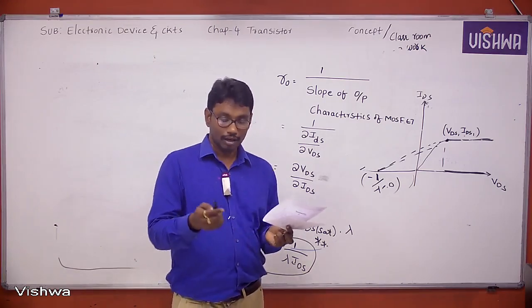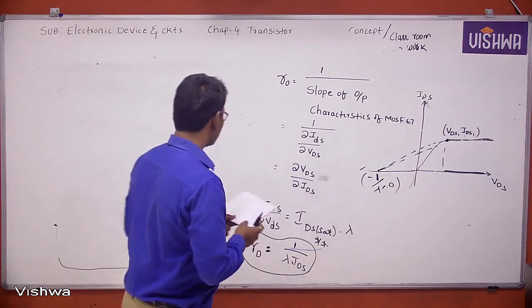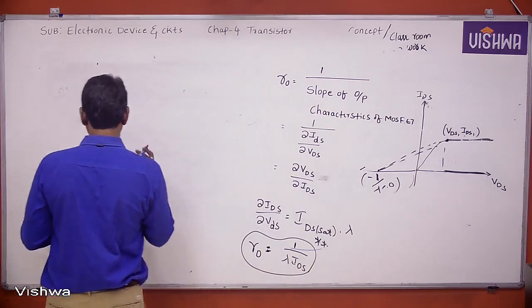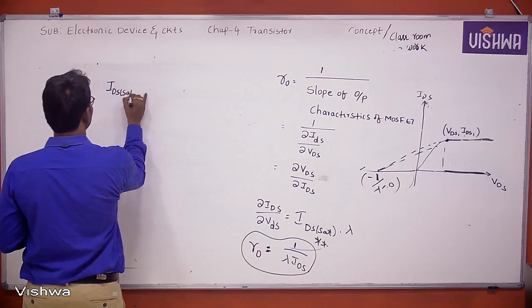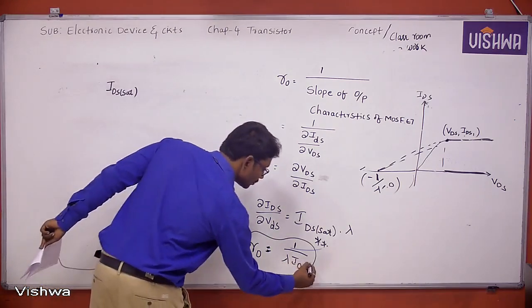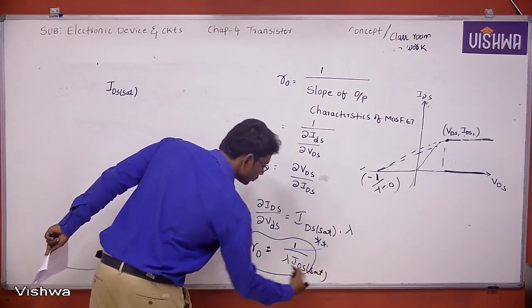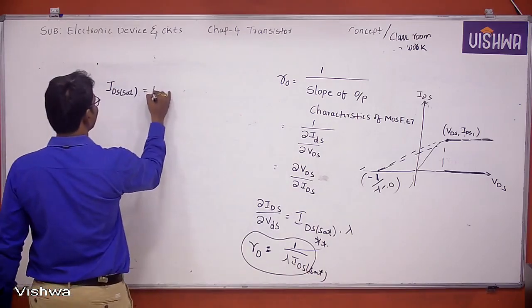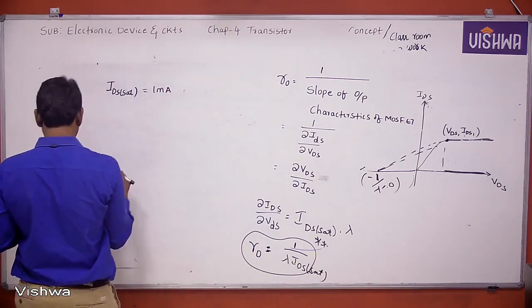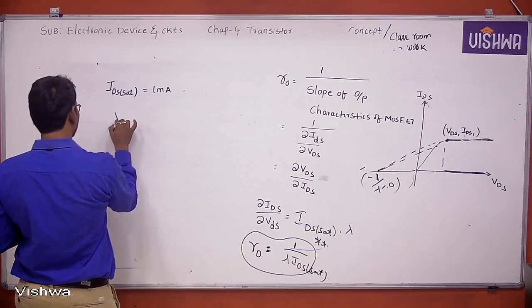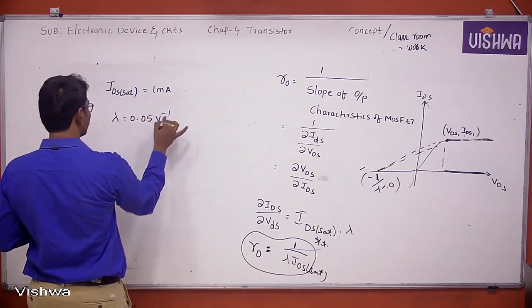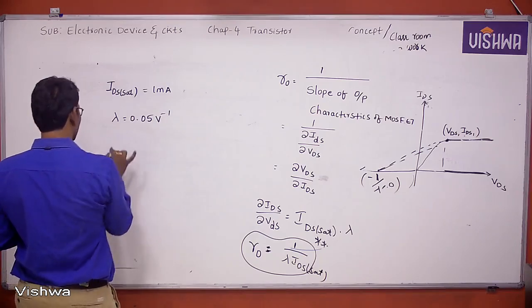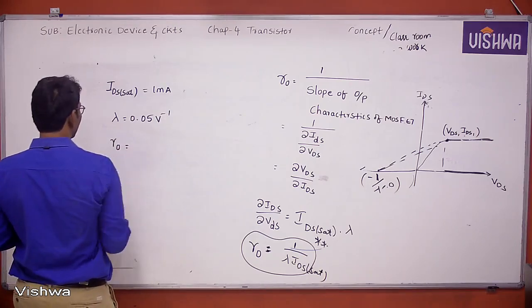All of you read the question once. What is the given data? They gave a drain current in saturation, that is IDS of SAT, which is 1 milliampere. Also they gave the channel length modulation coefficient lambda, 0.05 volt inverse. We want to calculate R naught, the output resistance.